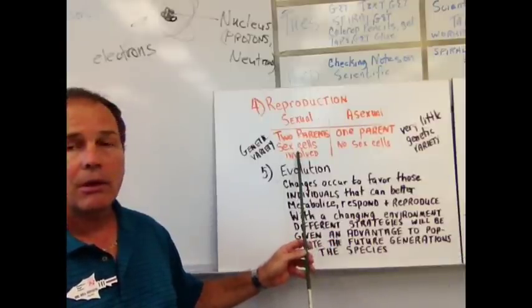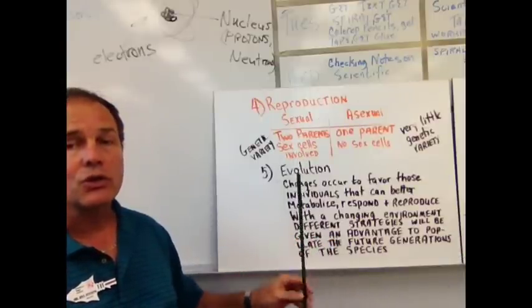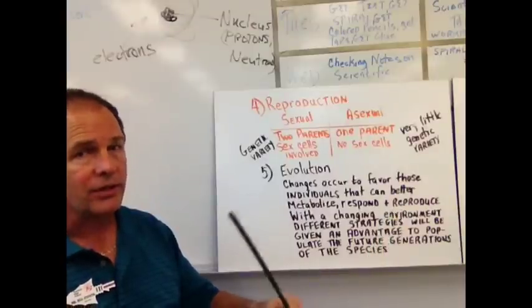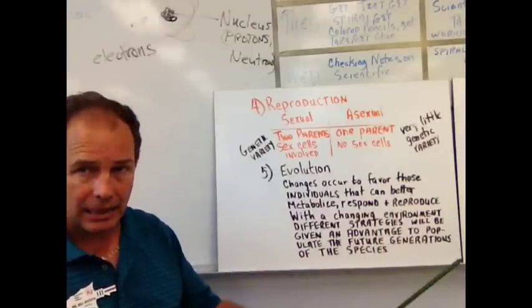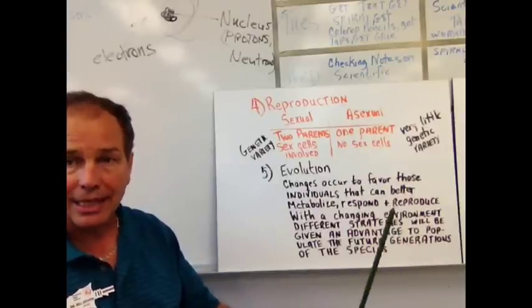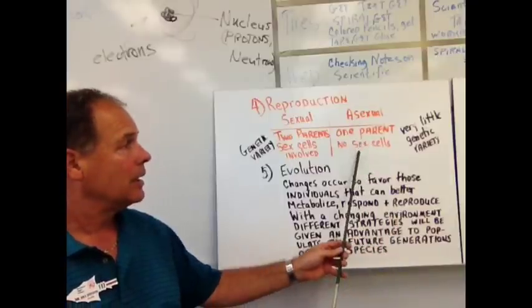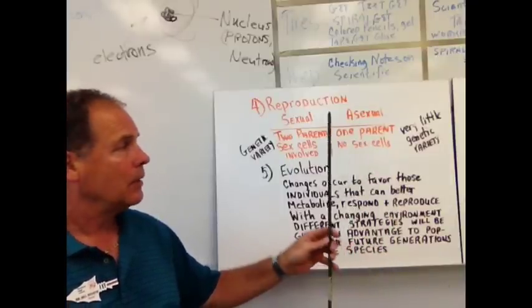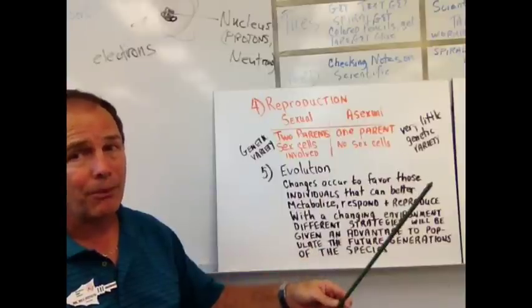Under sexual, there will be a need for the organism to produce sex cells. A sex cell is different than a body cell. We'll get into that later when it comes down to the DNA involved. In asexual, there are no sex cells. Which brings up a pretty important point.